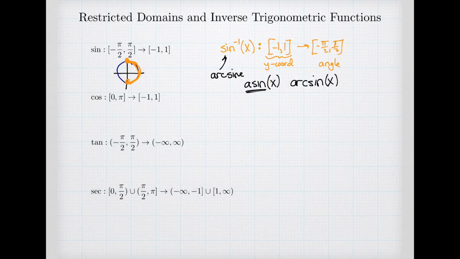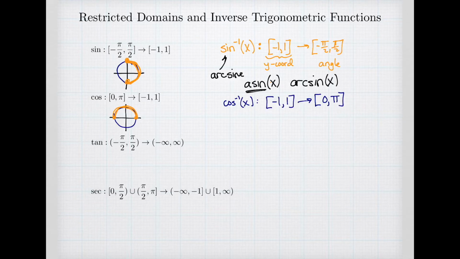Okay, so let's move on to the arc cosine, the inverse cosine function. Remember that our restricted domain is the top half of the unit circle, quadrants 1 and 2. We're including the endpoints. The inverse cosine function takes values from -1 to 1, the range of the cosine function, and gives me back an angle between 0 and pi.